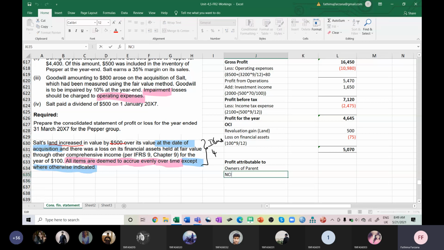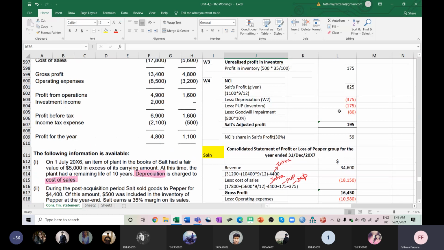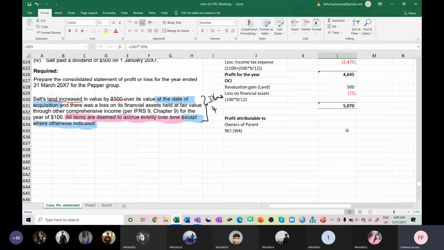NCI's profit we already computed in working note 4. How much is the profit? It is mentioned 59. 59 is NCI's share. I'm going to map it here.